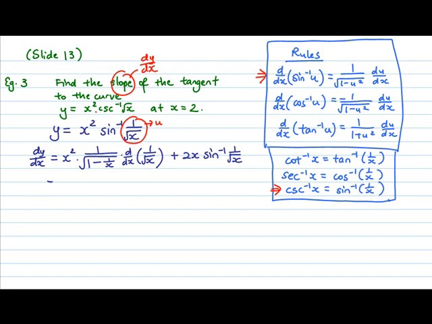Okay, now it's all just simplification. I'm going to focus on differentiating 1 over square root x. So 1 over square root x is x to the power of negative half. Let the power come down and power reduce by 1. Copy.